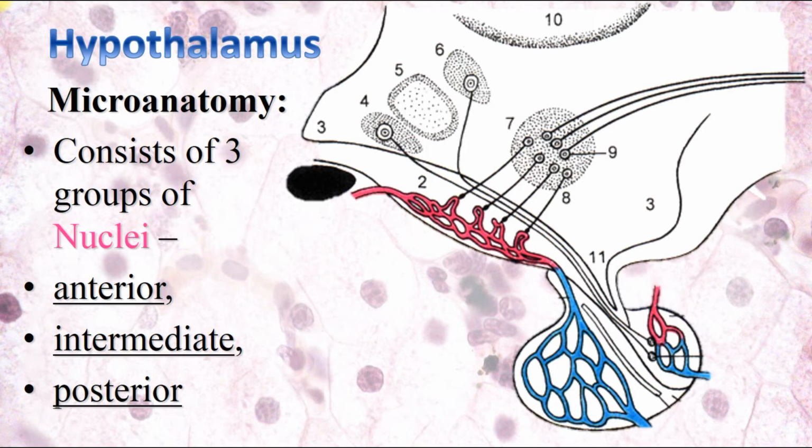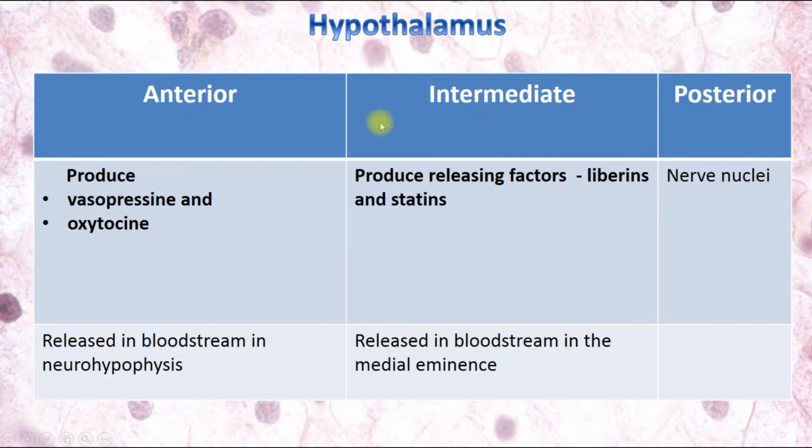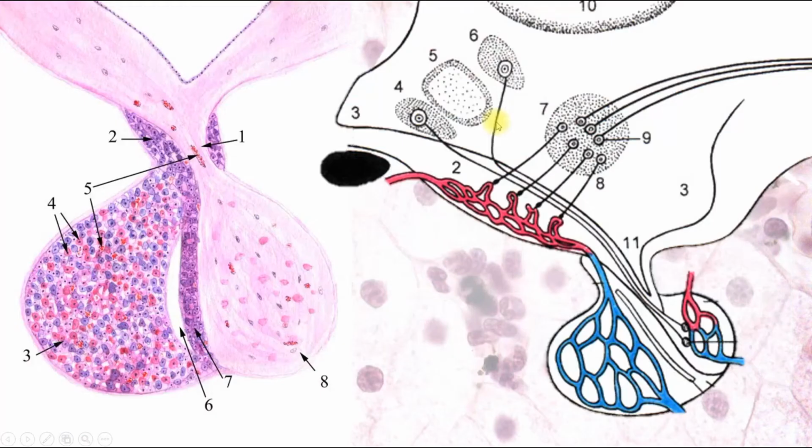Anterior and intermediate nuclei belong to the endocrine system, so we'll discuss only anterior and intermediate nuclei, which have endocrine function. Here we can see anterior, intermediate, and posterior nuclei. Posterior are only nerve nuclei, and anterior and intermediate nuclei are involved in the endocrine system.